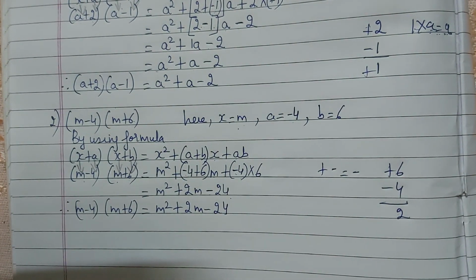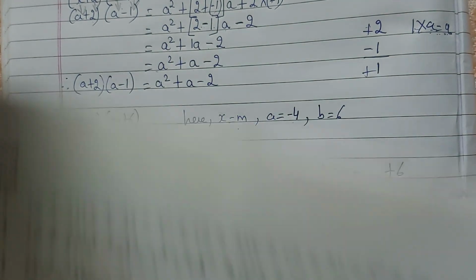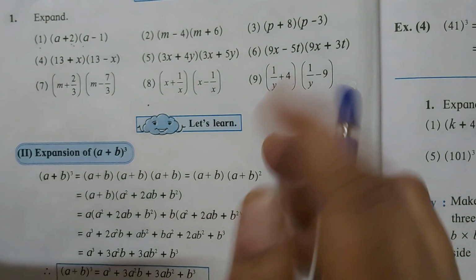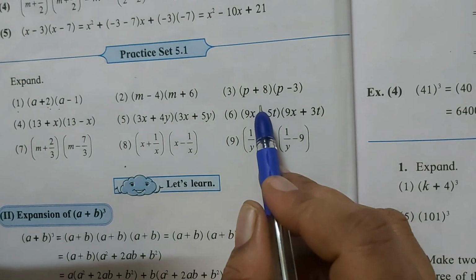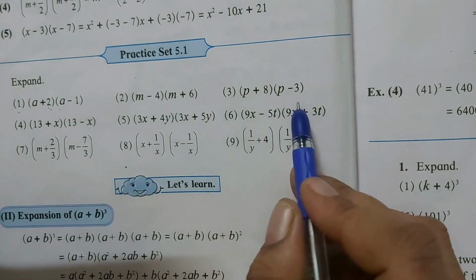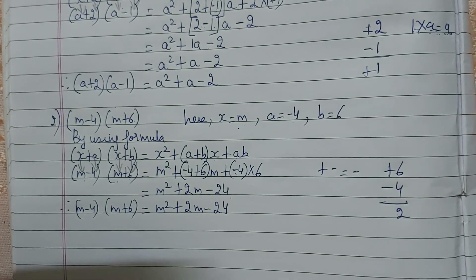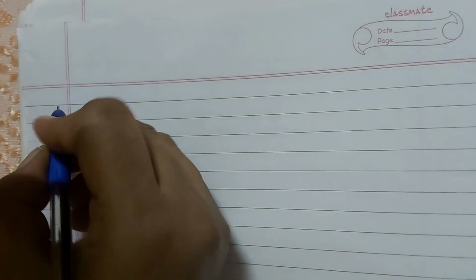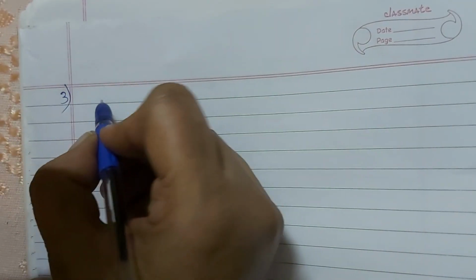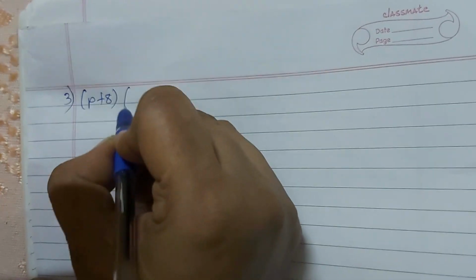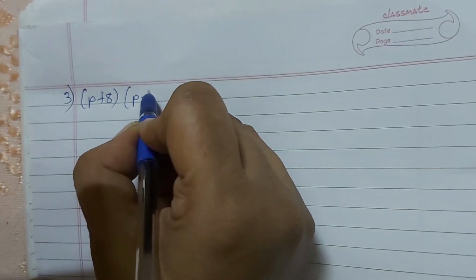Now we will do the next sum. (p plus 8)(p minus 3). This is the third sum. (p plus 8) in the bracket, (p minus 3).